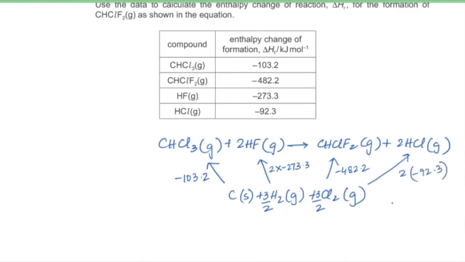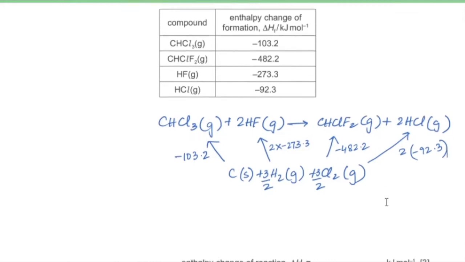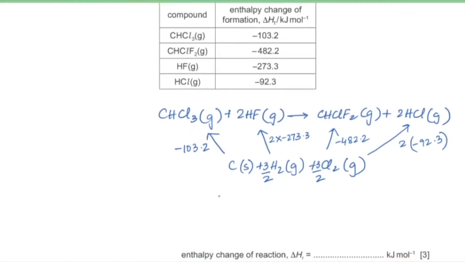Always remember that enthalpy change of formation is the enthalpy change for 1 mole of formation of a compound or a molecule. When there are 2 moles, you have to multiply 2 with that enthalpy change of formation of that molecule. The enthalpy of the direct route is going to be equal to the enthalpy of the indirect route.